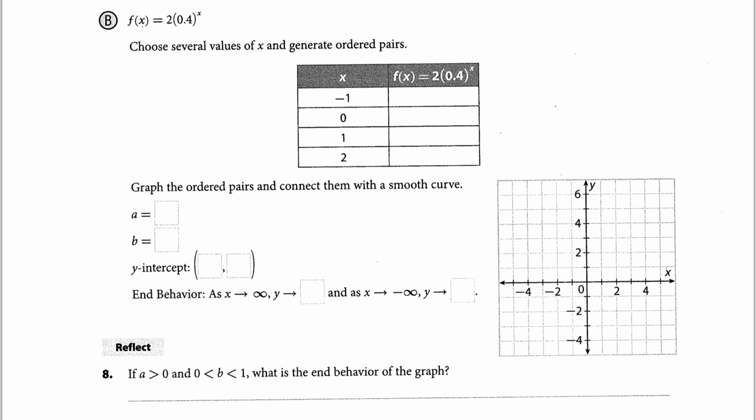f of x equals 2 times 0.4 to the power of x. Choose several values of x and generate ordered pairs. 2 times 0.4 to the negative first power is 5. 2 times 0.4 to the 0 power is 2, because 0.4 to the 0 would turn into 1. 2 times 0.4 to the first power would be 0.8.